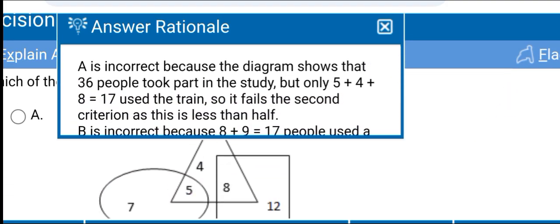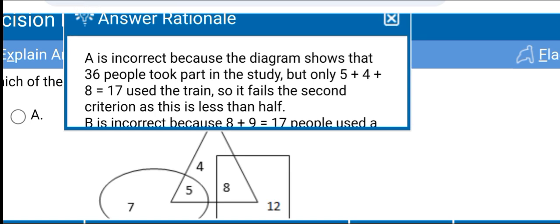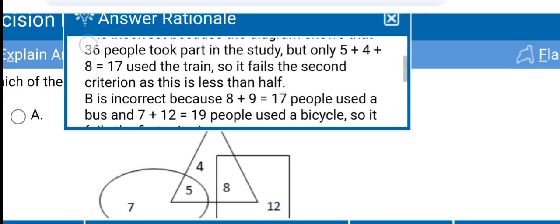A is incorrect because the diagram shows 36 people took part in the study, but only 5 plus 4 plus 8 equals 17 used the train. So it fails the second criterion as this is less than half.